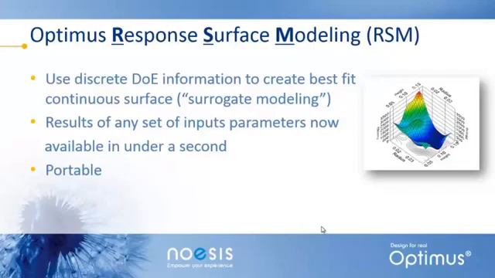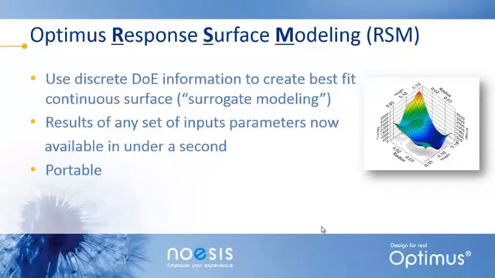So you now have a mathematical surface representing all of your responses or results of your various simulations. And with that, you can now put in any input, any combination of inputs, and immediately, as in less than 1 second, identify what the outputs should be based on this mathematical fit from your DOE.